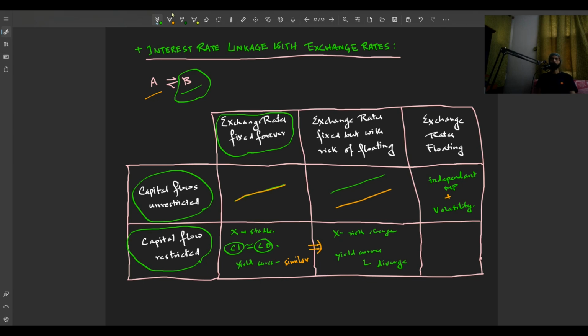And what if capital flows are restricted combined with floating exchange rates? Now this is the ideal scenario of completely independent monetary, fiscal and economic situations. This is the ideal situation for independent monetary policy.